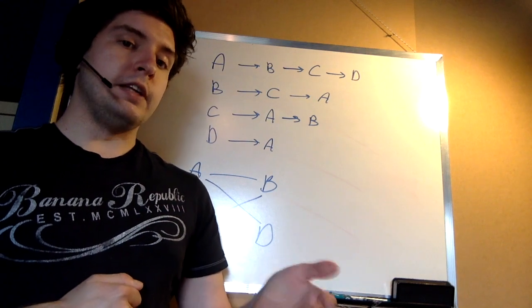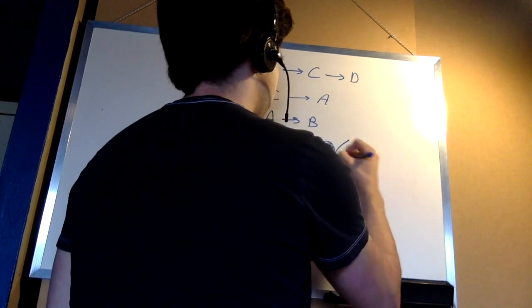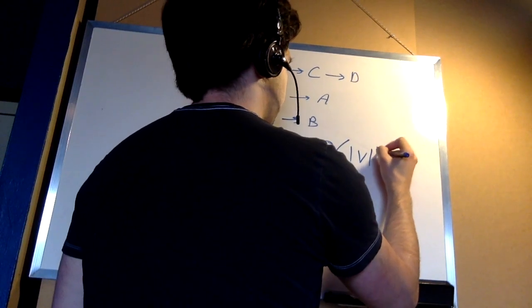And that gave us an O of V cubed times E runtime, or something like that. I don't know exactly, but suffice it to say it's too large. I'll just write that.